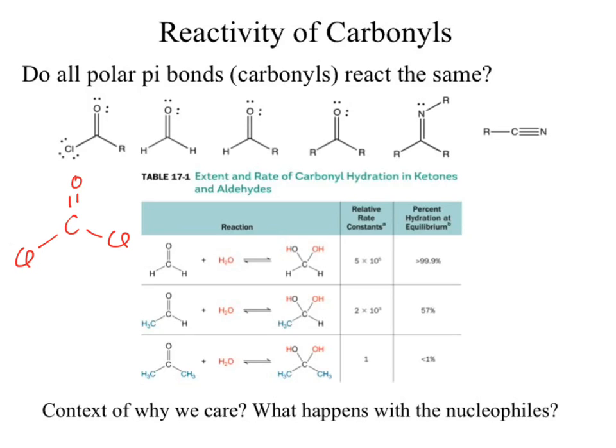So the context of why we care, this comes down to our nucleophiles. There are certain circumstances where I can have different sources for the same nucleophile. Say like hydride. How many different ways can I get hydride into my reaction? You got sodium hydride, you got lithium aluminum hydride, you have sodium borohydride.